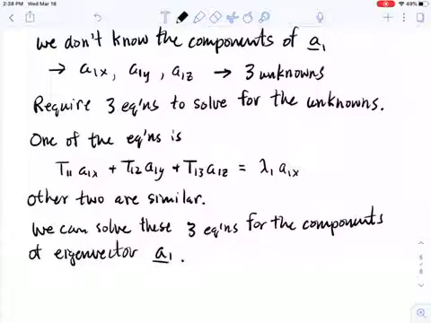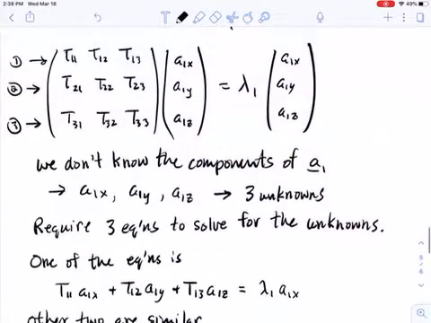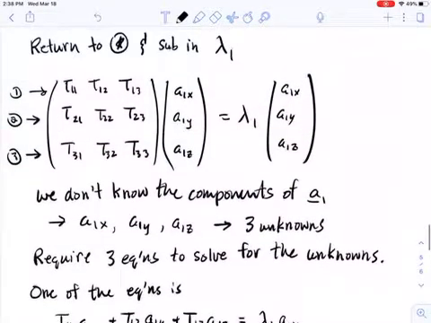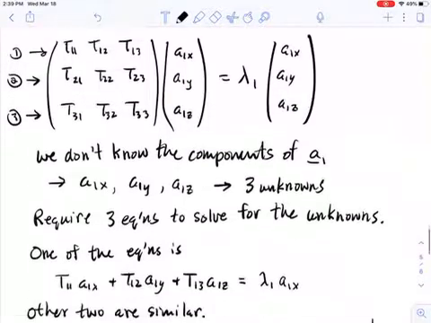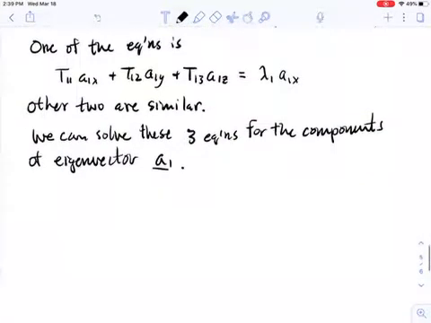Okay, so what you would do then is you'd go back to star and you would swap out lambda 1 for lambda 2. And then you'd get three more equations and you'd solve for the components of A2. Then you put in lambda 3 and you get three equations that you can solve for the components of A3. All right, so that's how you would do it.